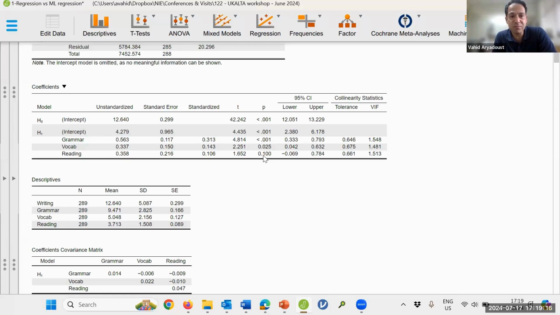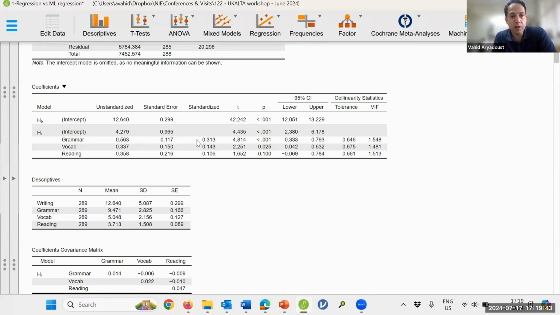That's a pity. On the other hand, the other two variables, grammar and vocabulary, do have a significant impact on the writing scores, because that's very obvious from the p-values. What about the standardized coefficients? As I mentioned, you have to interpret standardized coefficients in terms of standard deviation units.